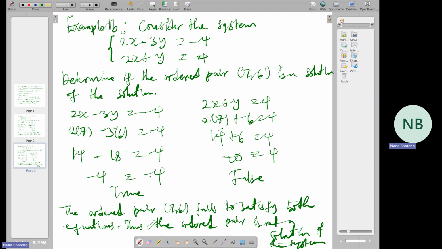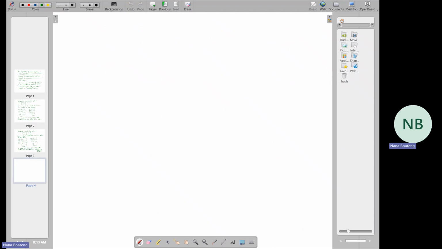All right. So let's discuss the various ways that we can solve linear systems. The first one is solving linear systems by substitution.